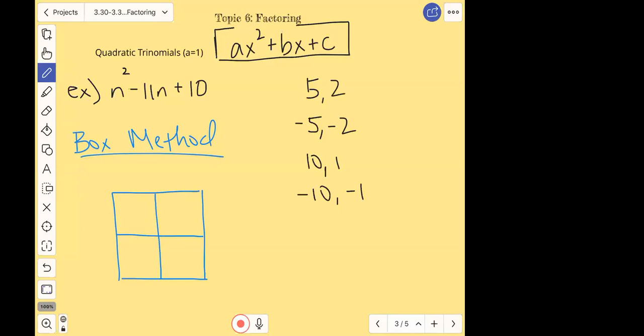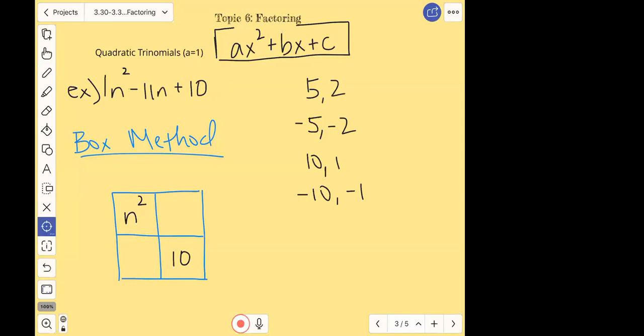Your first term goes in the first section, and your last term goes in the last part. And if it was negative, you'd have to include that. All right, I'm going to put the 1 there.